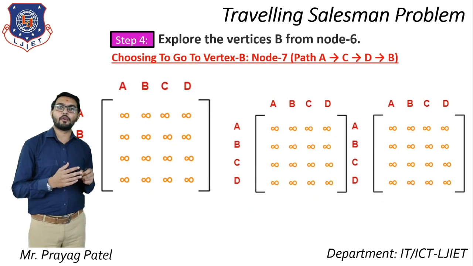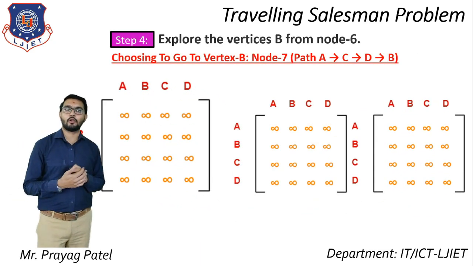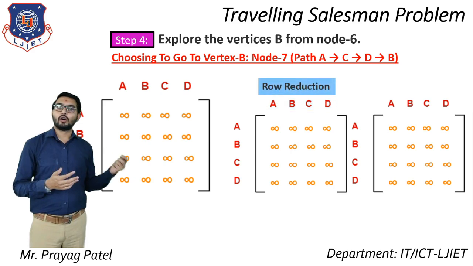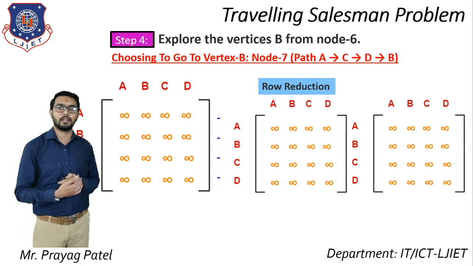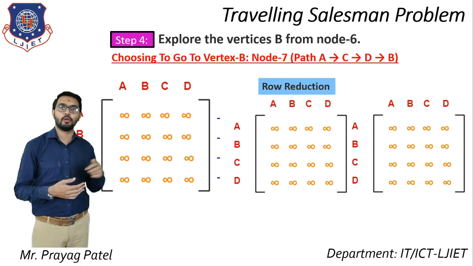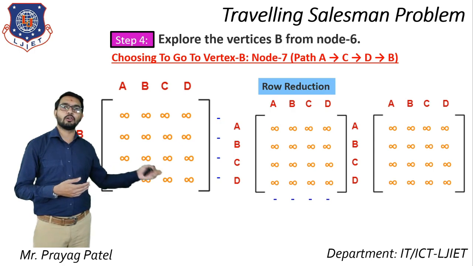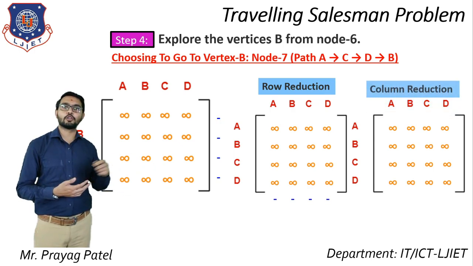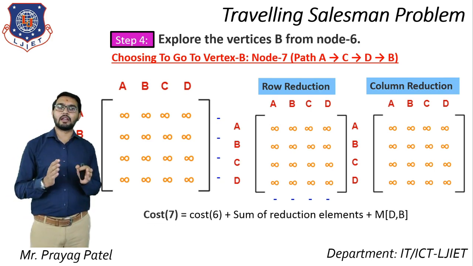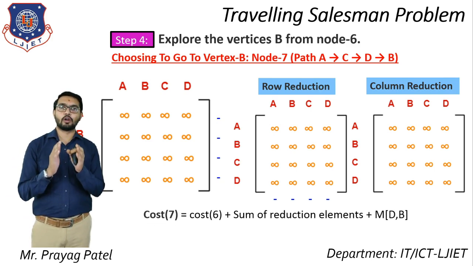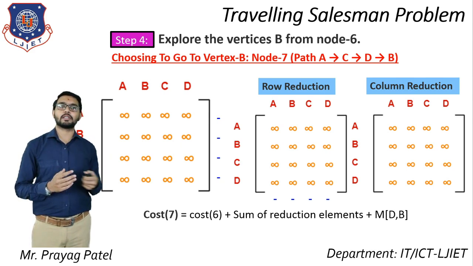Now after that perform the row reduction and column reduction of this matrix. Here the given matrix is already reduced, so there is no requirement for row reduction or column reduction. All the row reduction is considered as a dash, because all values are infinite. For column reduction also consider the infinite value. So the reduced matrix is considered as the final matrix. Now consider the final cost for level 7 or node 7. So cost 7 equals cost 6 plus sum of the reduced cost plus M of DB.